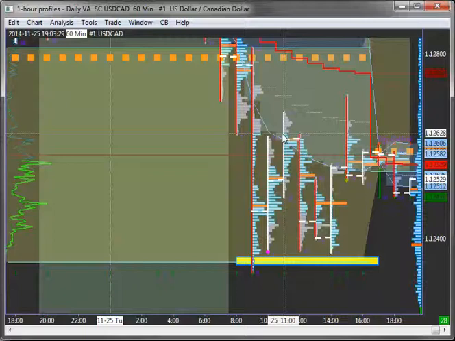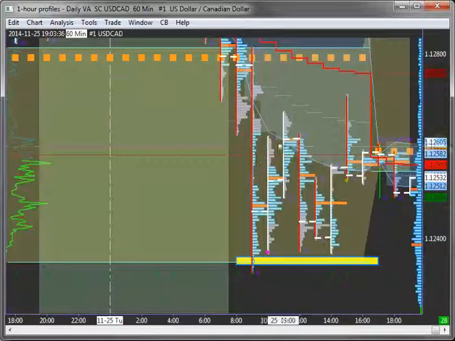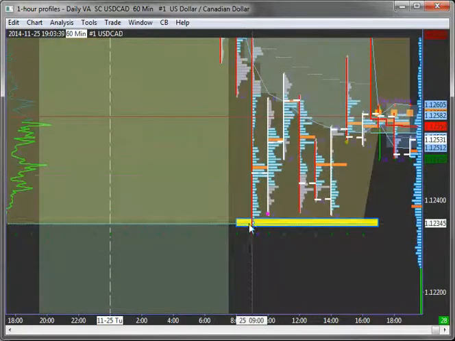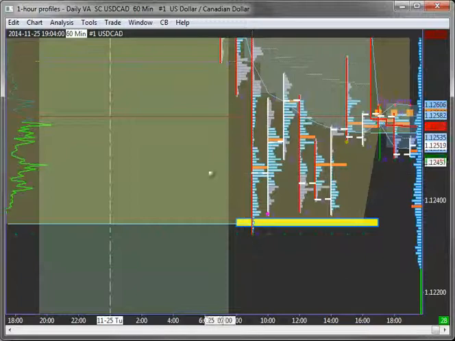Once you see this move, there's going to be a pullback, and if there wasn't going to be a pullback, then this would have closed closer to the low. We close up here, away from the low, and then we also had some acceptance. So you can see when price comes down here, it starts to balance. There's an acceptance of price there, but we still need to go back in and fill that.